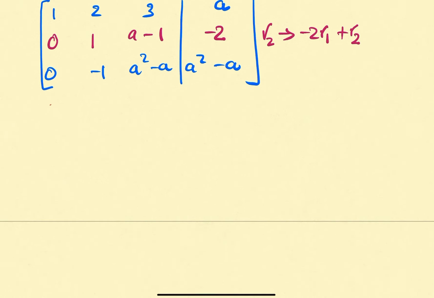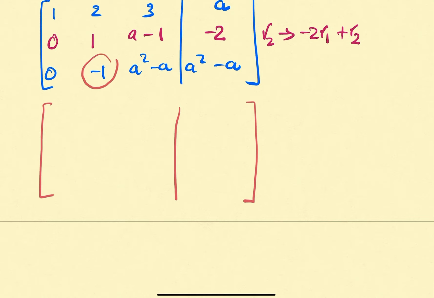Now I'm going to reduce it further and make that -1 in the third row in the second column a 0, because above that, this one is called a leading one. So below the leading one, it must be 0. The first two rows, I'm going to keep them, and they are fine. And that is 1, 2, 3, a and 0, 1, a minus 1, -2 there.